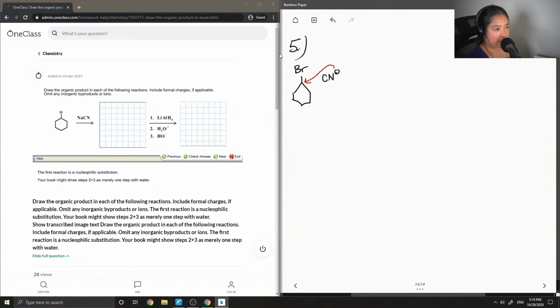So basically when you have organic reactions, almost all the time bromine acts as a leaving group. And then you're left with the following structure.